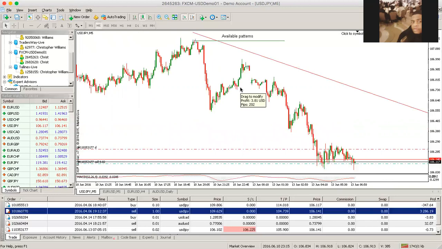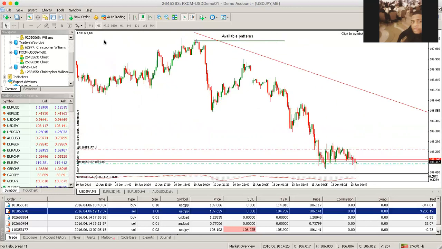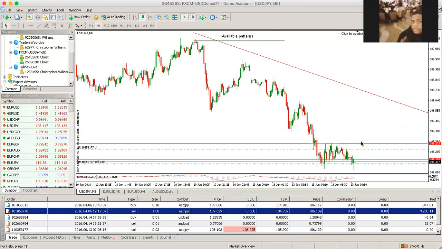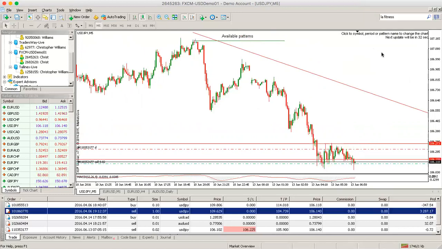If I know that, I always put a straight line right here. It's been testing that range right there, 106.273. That means it's telling me that it won't go back up to that price again, not for a while, so it's going to continue to go back down.